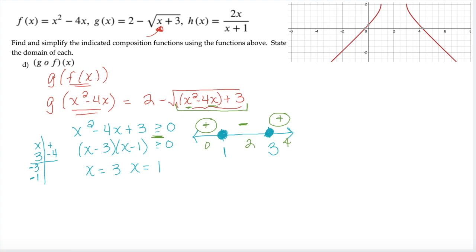So our domain has to be from negative infinity to positive 1, and from 3 to positive infinity.